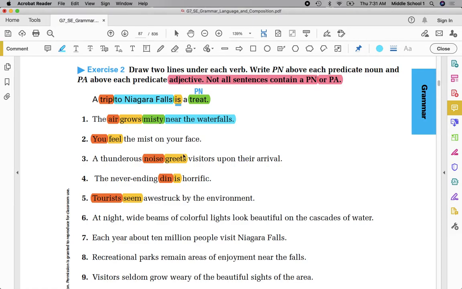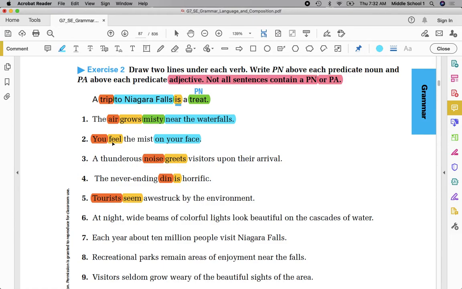Sentence number 2, you feel the mist on your face. Can you say you is the mist or you are the mist? No. This is a direct object. Sentence number 1 contained a predicate adjective. Sentence number 2 has a direct object. This is not.